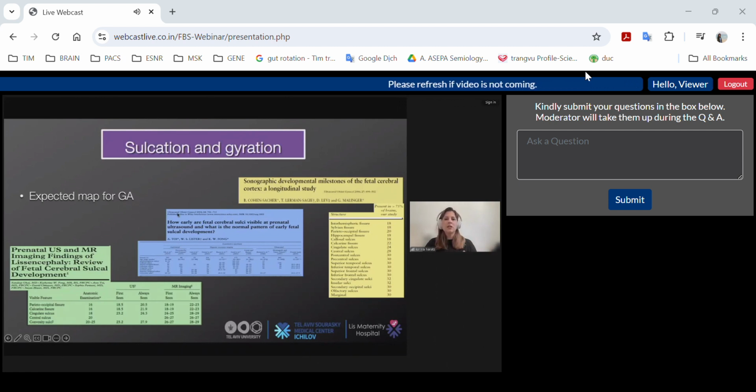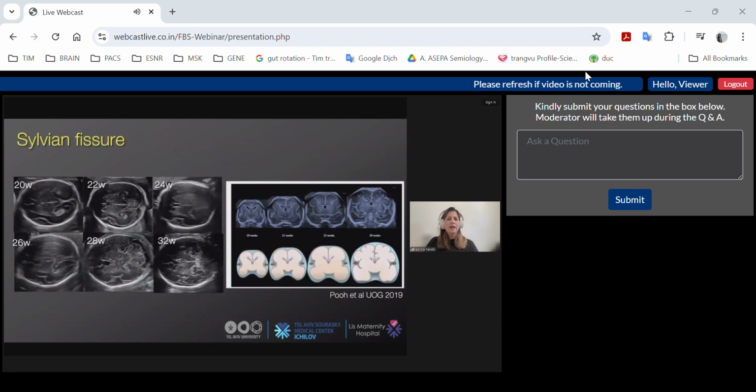We need to understand the normal development of the brain. So there are different maps. We not only need to understand the main sulci, when they appear and where, and unfortunately I have no time to discuss the normal development, and most maps are quite alike regarding the week that they offer for the appearance, so we can choose whatever you like.